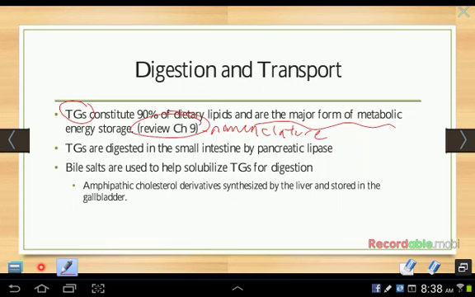Okay, so triglycerides are digested in the small intestine by pancreatic lipase. If you remember, we have the glycerol unit with 3 acyl chains, so we have acyl chain 1, 2, and 3.